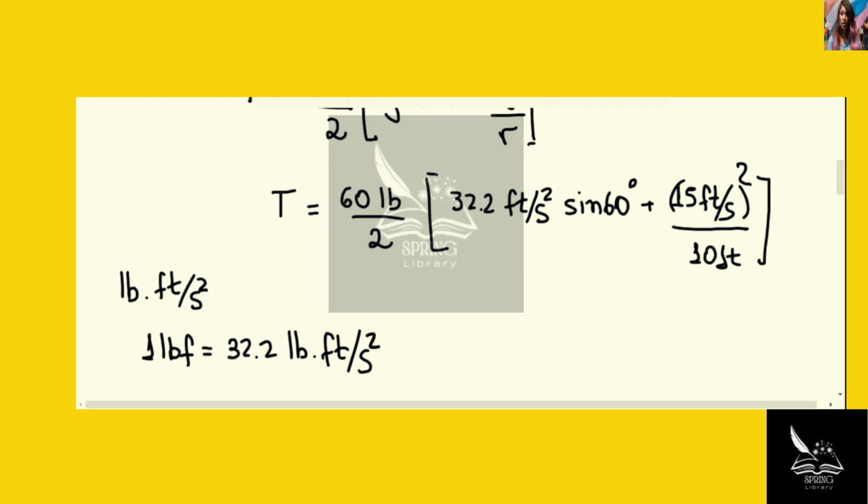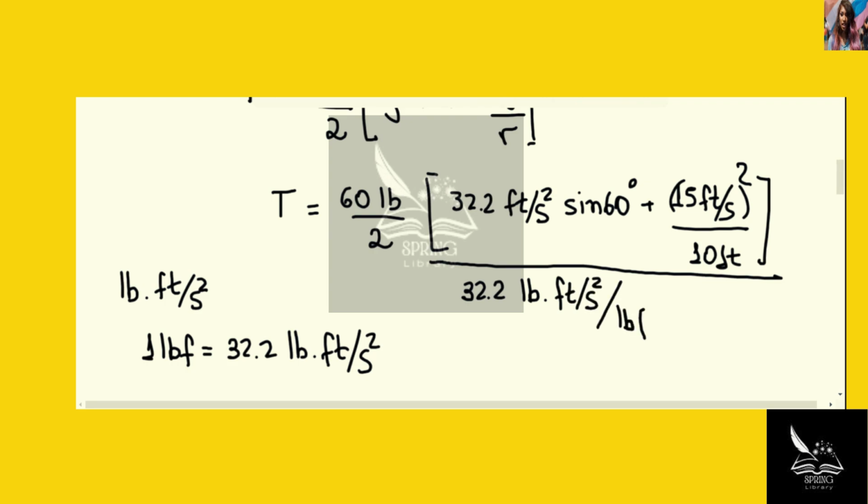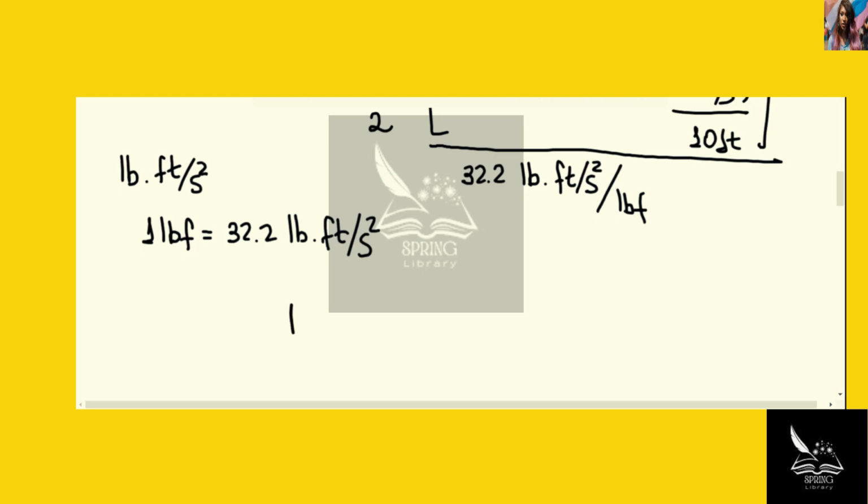So what I'm going to do is divide our result by 32.2 pounds feet per second squared per pound force. So we obtain that T is equal to 46.9 pound force, which concludes our exercise.